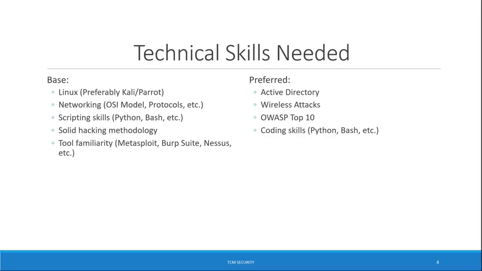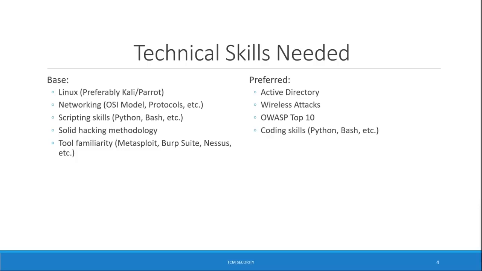Now let's talk about the technical skills that you are going to need. And our course here is going to cover a lot of these. So at a base level, you really do need to know Linux, preferably Kali Linux, or another type called Parrot. There is networking that you should know. You should be familiar with the OSI model, certain protocols like TCP, UDP, HTTP, etc. You should have good scripting skills, whether it be Python scripting or Bash scripting, etc. there.